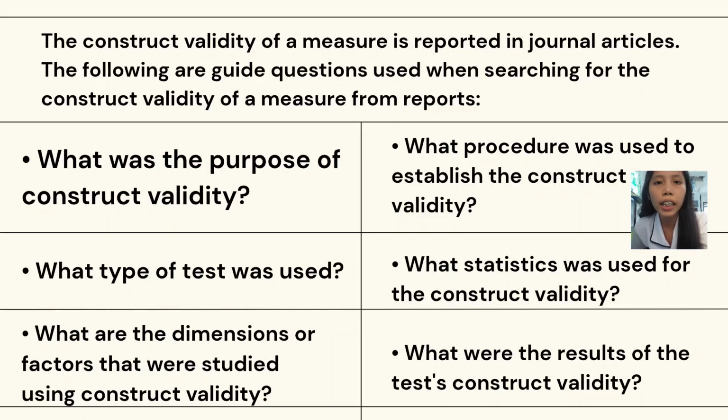And then, we have here dimensions or factors. Dito po, ito yung mga tiyak na subcomponents na sinusuri sa pag-aaral. And we have here procedure, wherein under this procedure is exploratory factor analysis, or EFA, or confirmatory factor analysis, or CFA.